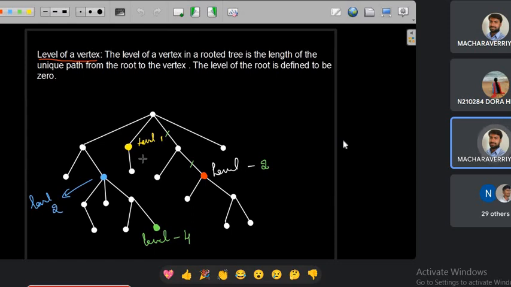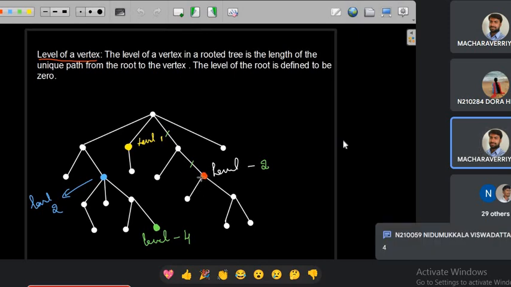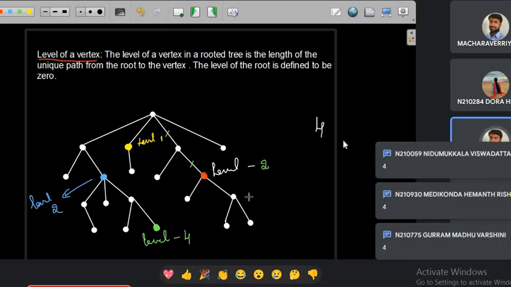You take the length from the root to any vertex, you take the maximum length, so the maximum length will be taken as the height of the rooted tree. Okay, for example, when it comes to this rooted tree, what is its height? Yeah, that is 4.